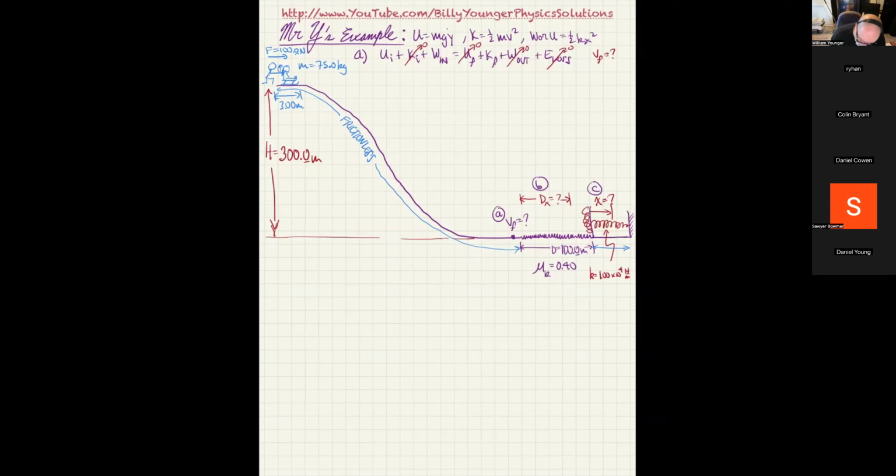So with that in mind, I get mgy, which is going to be 75.0. I'm going to leave the units off, but you can see that would be kilograms times 9.80 meters per second squared. So those two give you newtons times 300.0 meters.